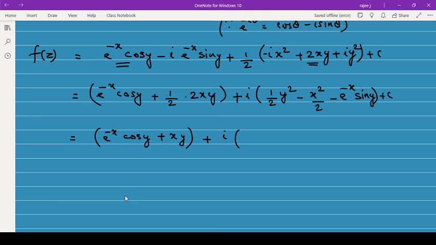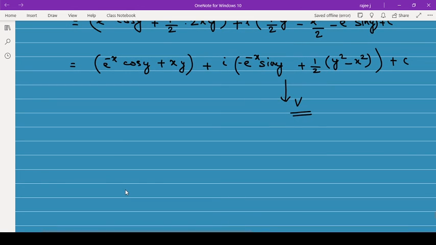I'll take this first: e raised to minus x sin y, then plus y square by 2, or here you can take 1 by 2 into y square minus x square, plus c. So this is our V. This is the required answer.